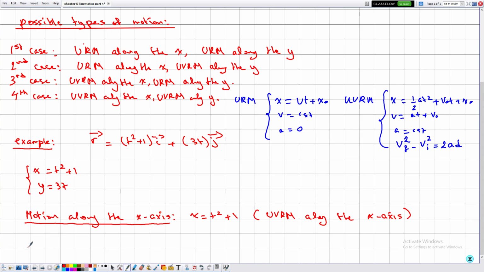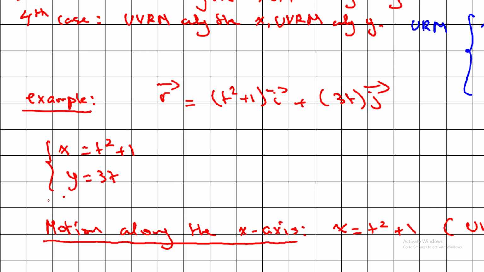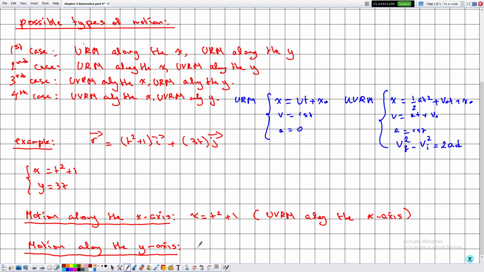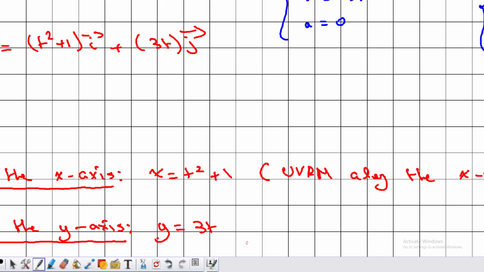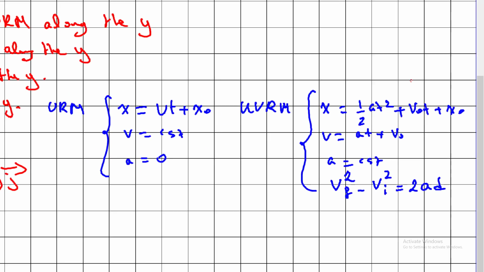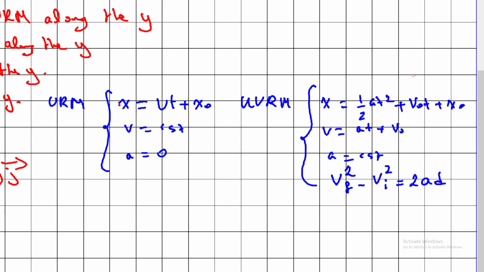Now as for the motion along the y-axis, it is described by the parametric equation y is equal to 3t. Notice that I labeled these quantities by x, but they are the same for y.